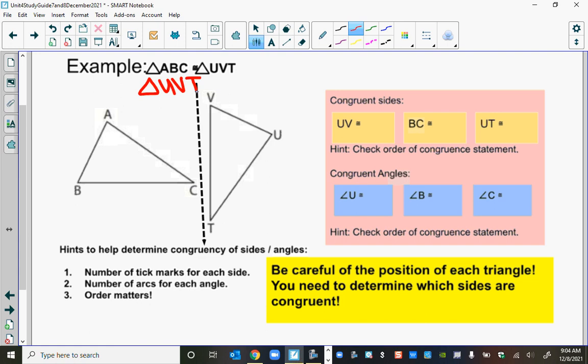So anytime you get a triangle congruency statement, do that right away. Write the first one either above or below the second, or vice versa, because once you do that, that's going to help you match them up.